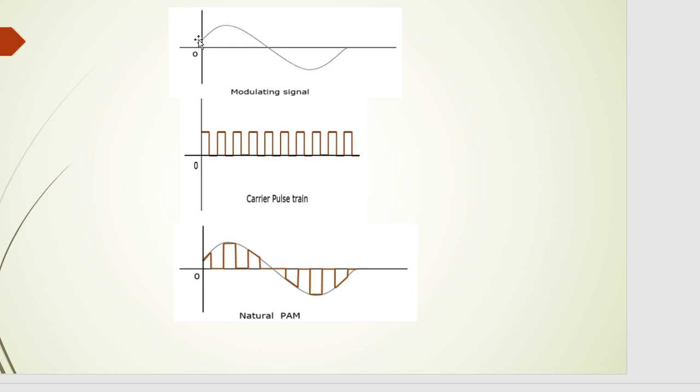You can see here, this is the envelope and this PAM envelope is also exactly the same. So we can compare this with our analog modulation scheme, amplitude modulation. In AM also, the amplitude variations of the AM signal are very similar to that of the modulating signal.